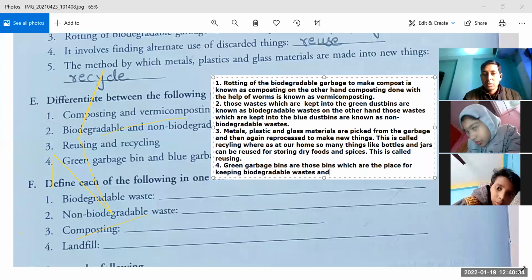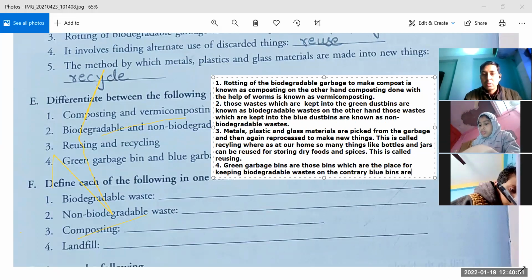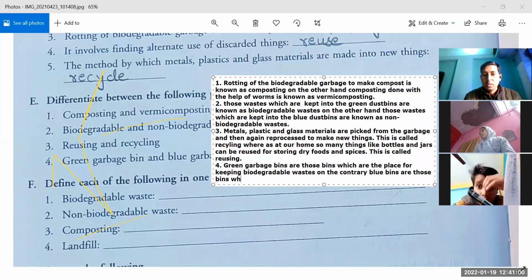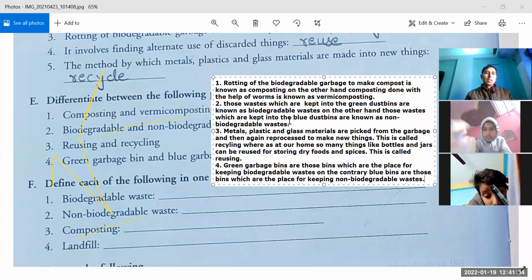And on the contrary, blue bins are those bins which are the place for keeping non-biodegradable wastes. Okay, this one we have completed. E number we have completed.